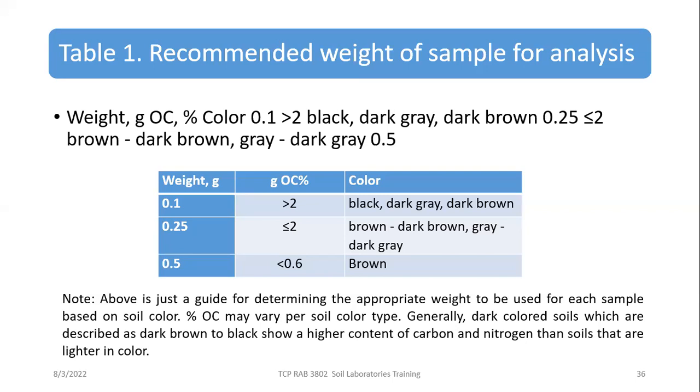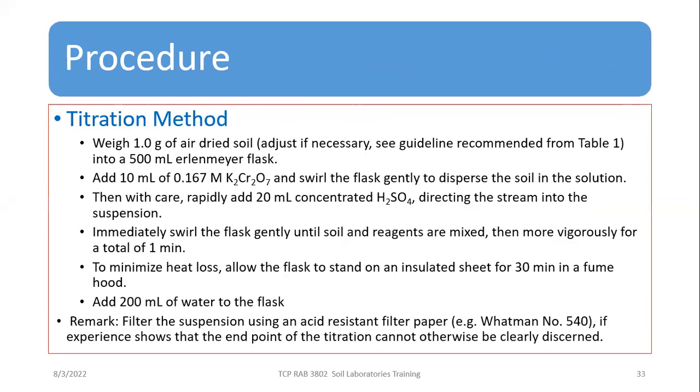Whenever the organic carbon in the soil increases, you have to decrease the weight of air dry soil. Then add 10 ml of potassium dichromate and swirl the flask gently to disperse the soil in solution.